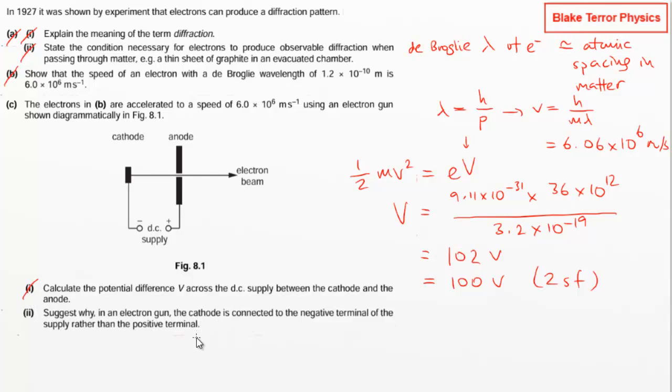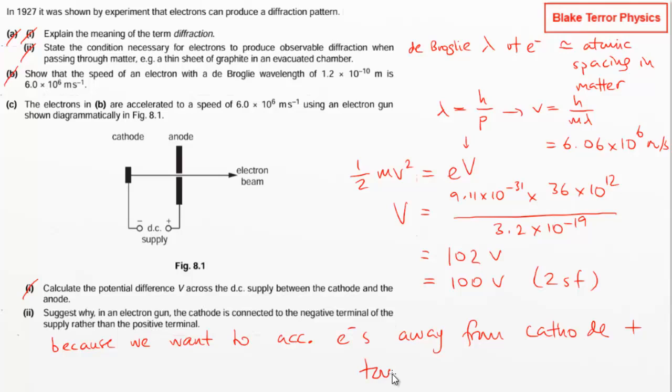Suggest why in an electron gun the cathode is connected to the negative terminal of the supply rather than the positive terminal. Right, well, because we want to accelerate electrons away from the cathode and towards the anode.